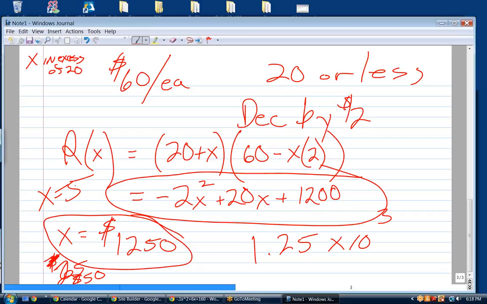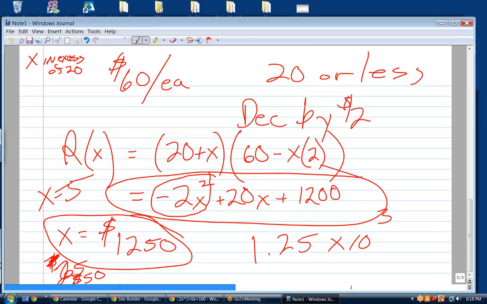And you can see why more passengers don't increase revenue, because this one is being squared. So as soon as X gets large, we're really subtracting a lot from revenue. We're still adding this amount here, but remember the higher degree polynomial makes the most difference when evaluating end behavior.